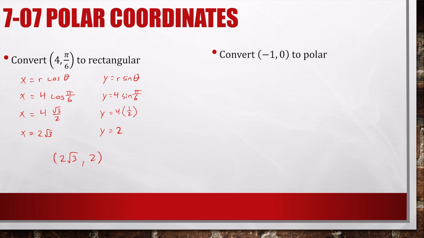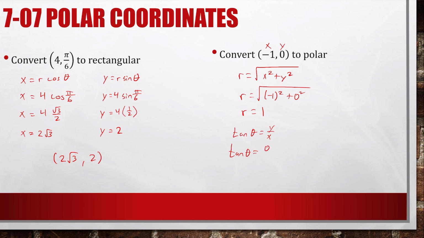Let's try going the other direction. Let's convert (-1, 0) to polar coordinates. We can infer that it's already in rectangular and that this is x and y. So then r is the square root of x squared plus y squared. So r is 1. And we can use inverse tangent to find the angle.